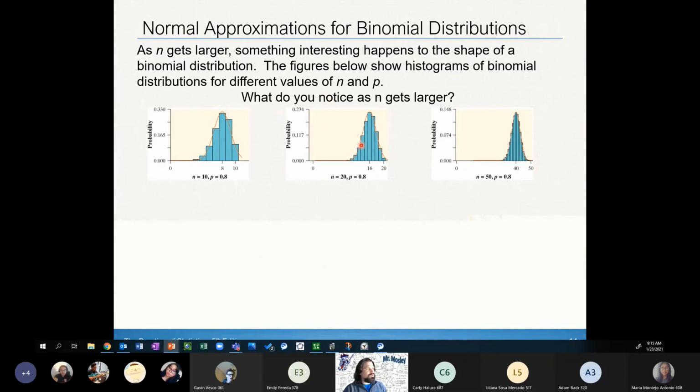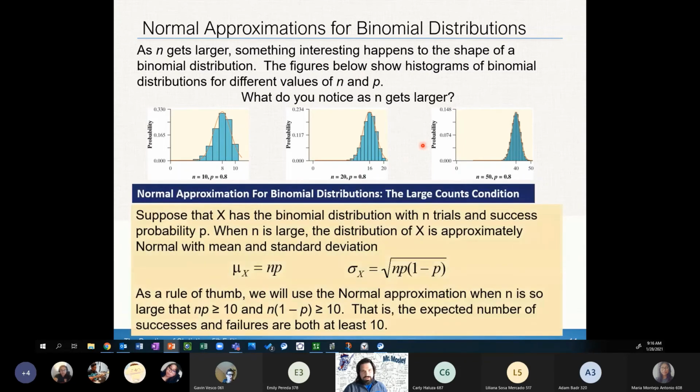So as we do more trials, this distribution looks more normal. That's also good news because we have a whole set of things we can use with normal distributions that make it easier to calculate probabilities. So the normal approximation for binomial distributions, otherwise known as the large count condition.